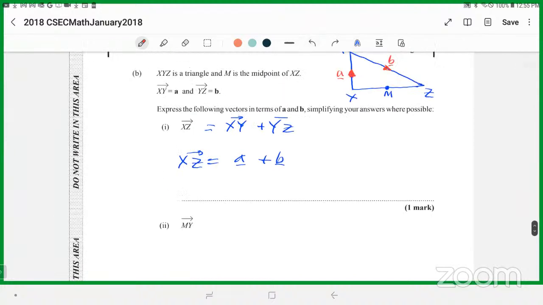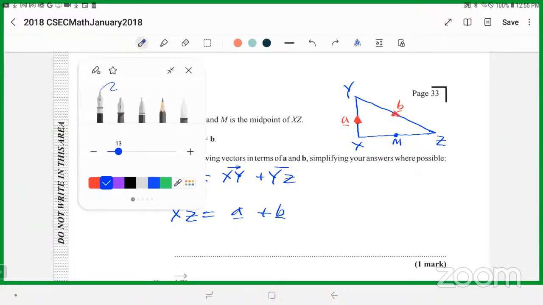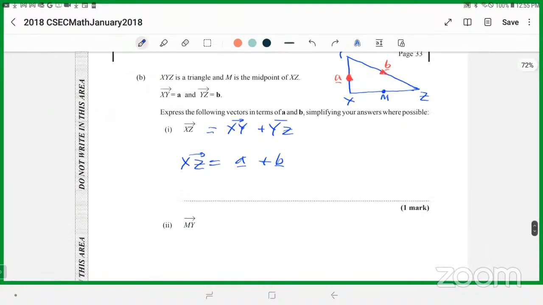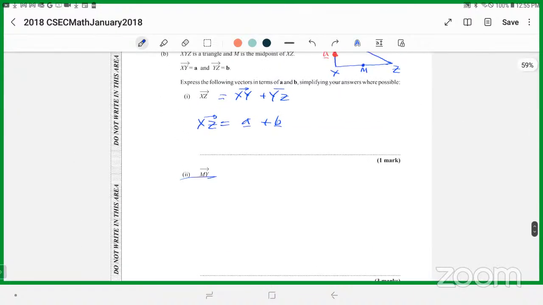Look at the diagram. How would you go from M to Y? Somebody tell me. MX, then XY. So to go from M to Y, I can go M to X and then X to Y. Good.